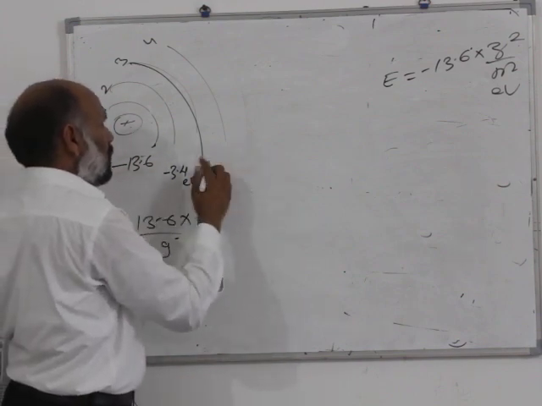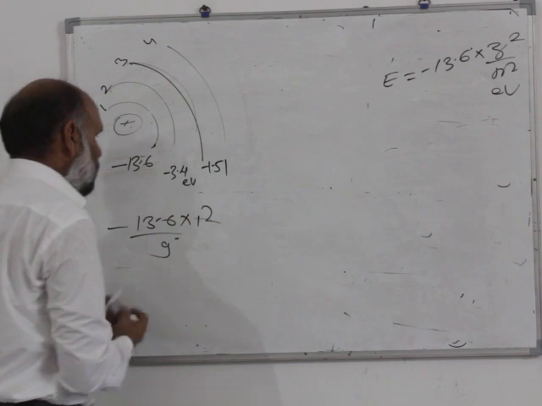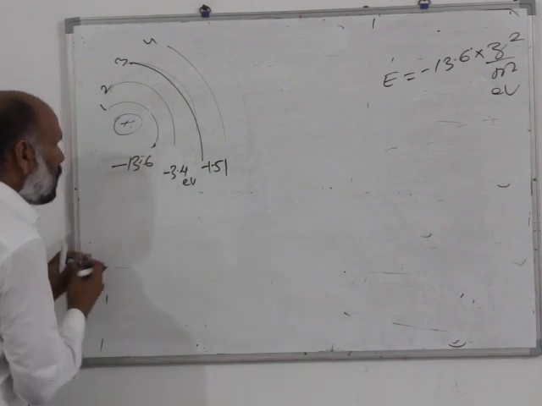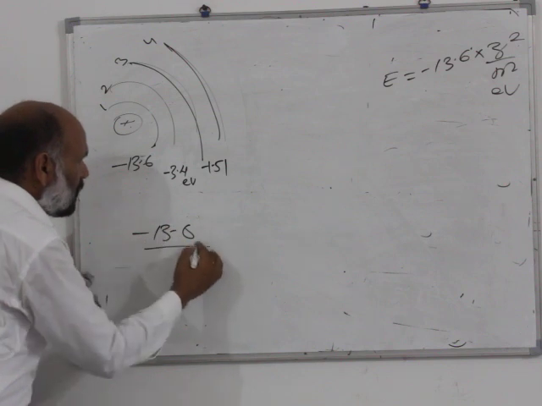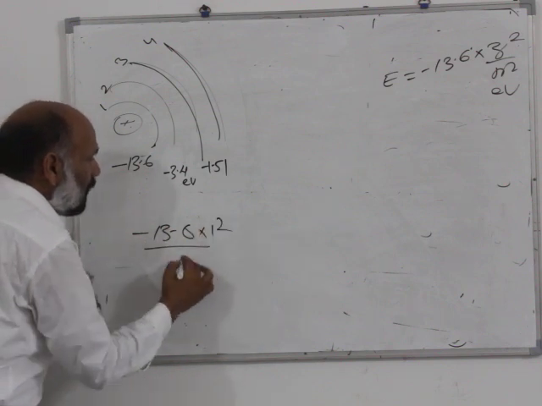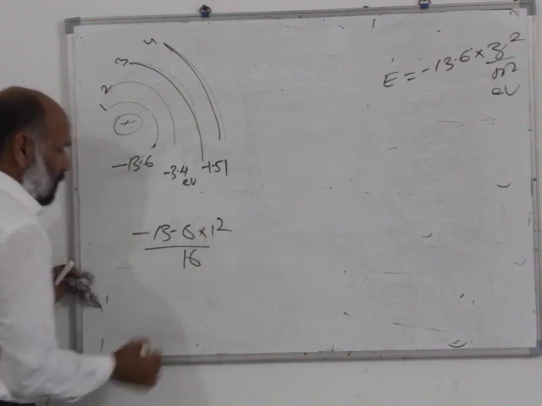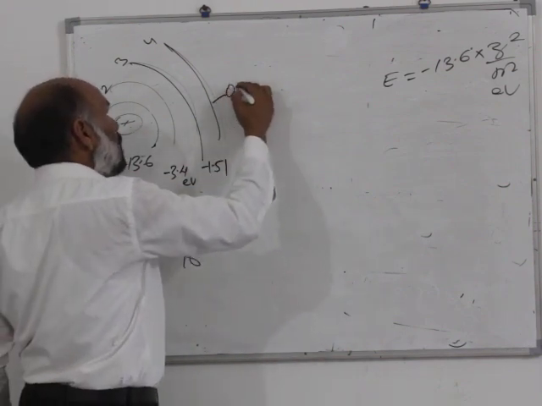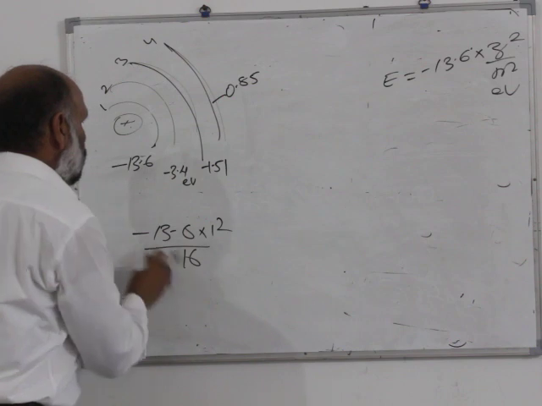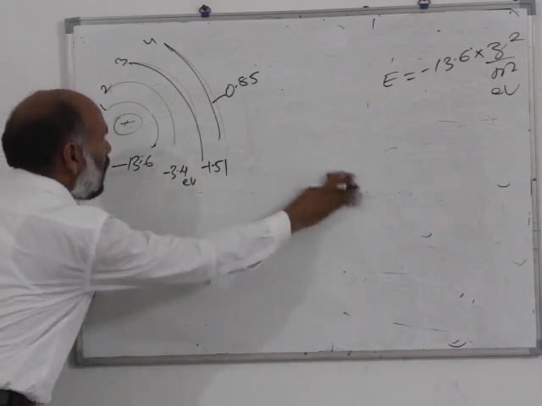So that is minus 1.51. In the fourth orbit, minus 13.6 into z square by 4, square of 4 is 16, and that is equal to minus 0.85, around 0.8485.